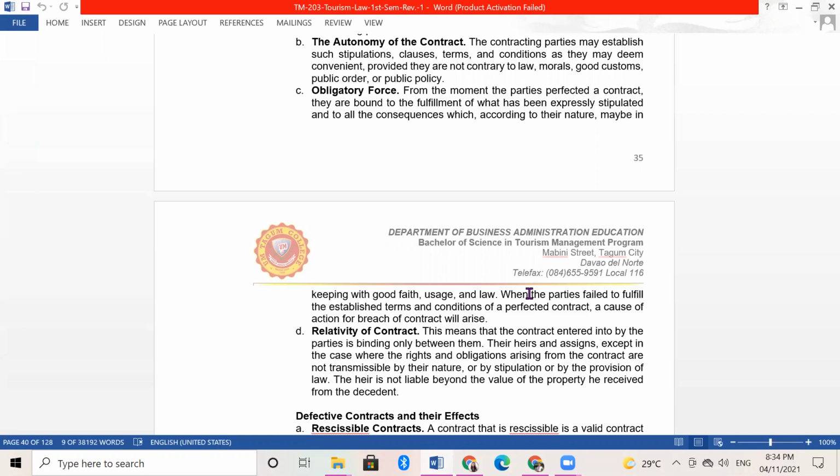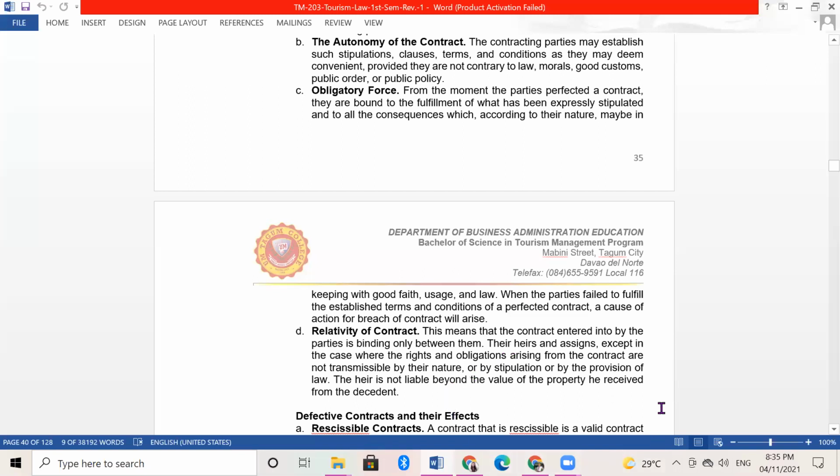Once the contract is cancelled, it is terminated and the parties will return to their original position as if there was no contract entered into. Or if the property or the object of the contract has been disposed of, the value thereof shall be returned.